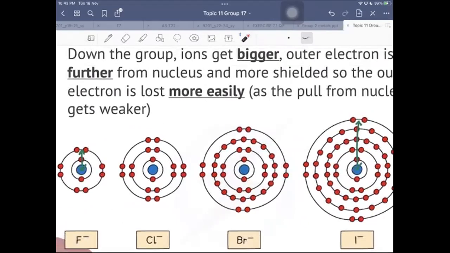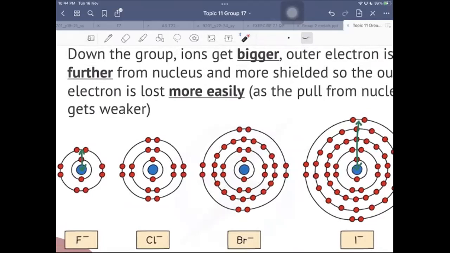Just like magnets, when they're really close the attraction is really strong, but when they're far the attraction is really weak. So because of the size of the iodide, the attractive force from the nucleus gets weaker as you go down the group.